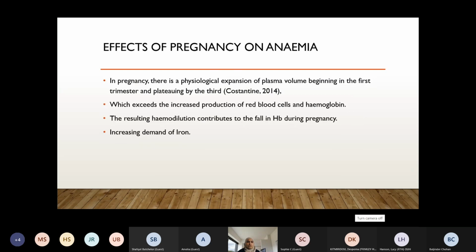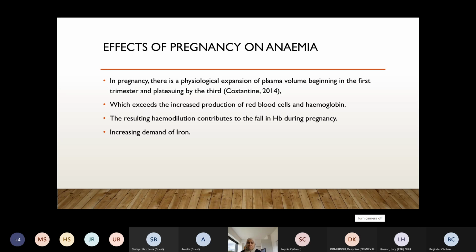Then I thought, let's explore the effects of pregnancy on anemia itself, because we know there are lots of physiological changes in pregnancy which can have an impact on hemoglobin concentration. The most common is, as we all know, expansion of the plasma volume, which starts in the first trimester and plateaus by the third trimester.